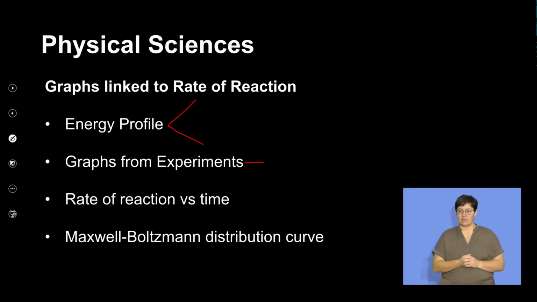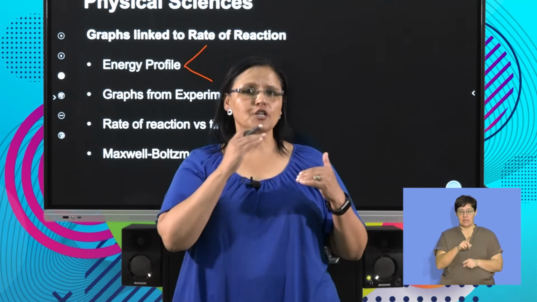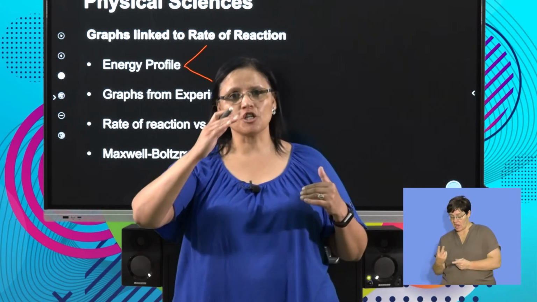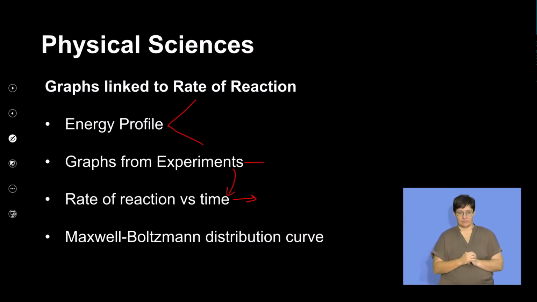Then we used this experimental data to look at the rate of our reaction versus our time, and we saw that as your reactants are converted into products, the rate shows a negative gradient.